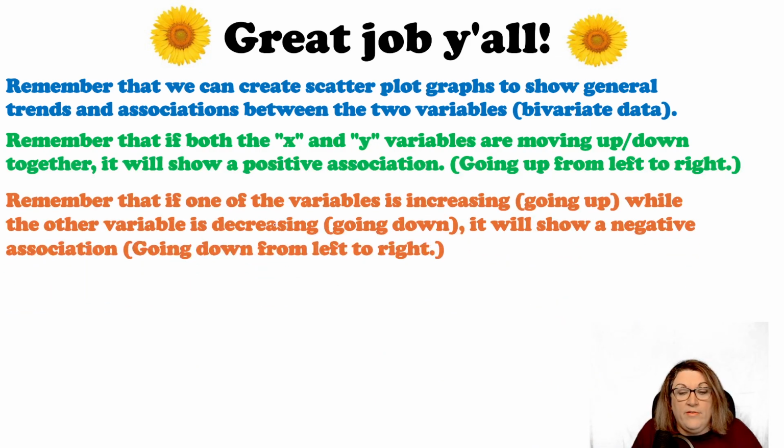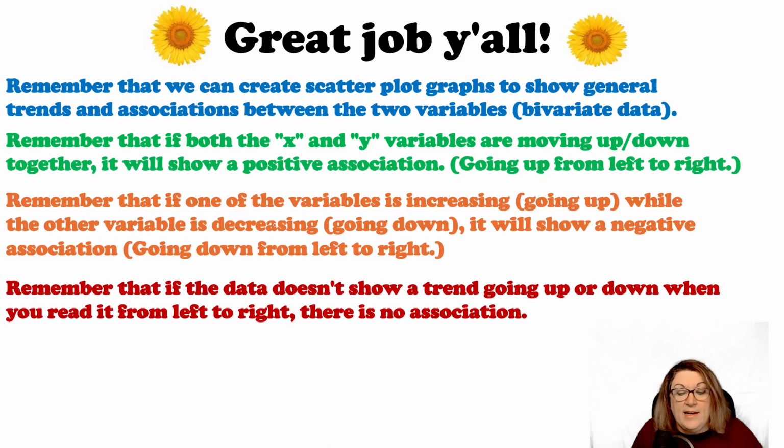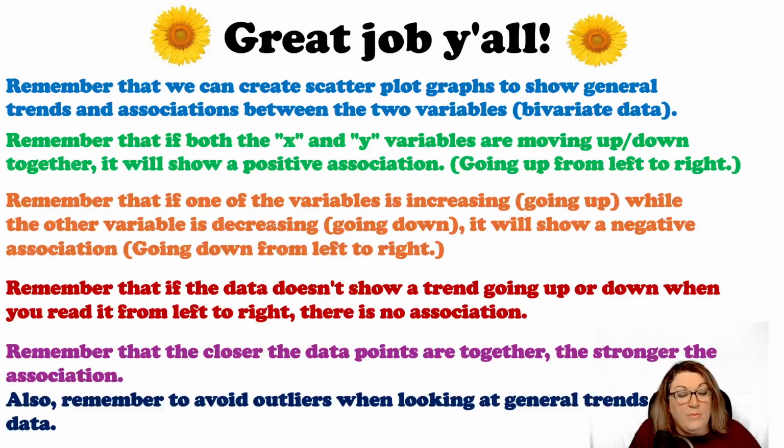Remember that if one of the variables is increasing or going up, while the other variable is decreasing or going down, it will show a negative association, which is going down from left to right on the graph. Remember that if the data doesn't show a trend going up or down when you read it from left to right, there is no association. And remember that the closer the data points are together, the stronger that association is. Remember also to avoid outliers when looking at general trends in the data.